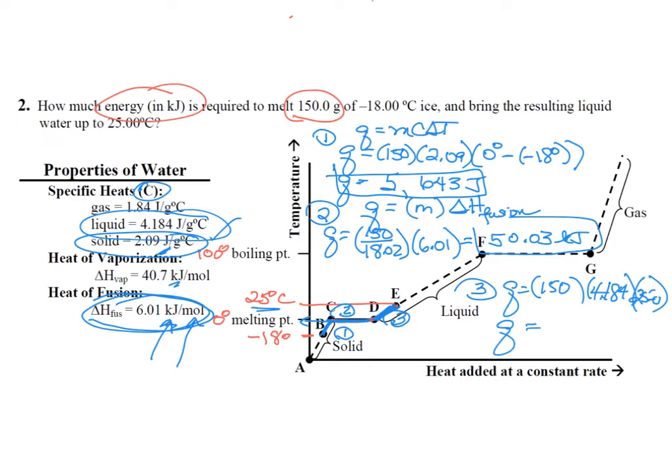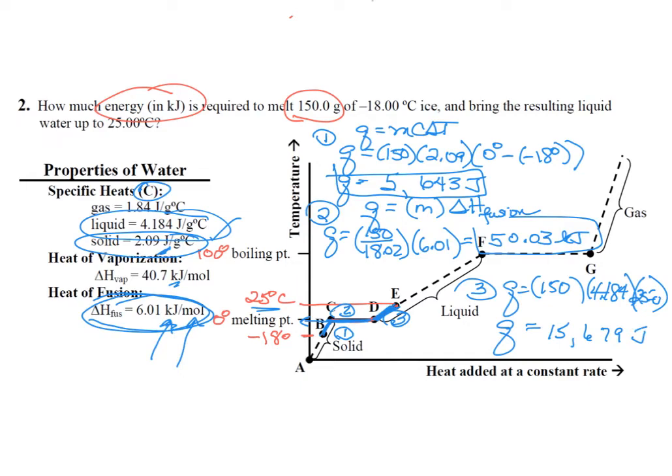Plugging those values into the calculator, 150 times 4.184 times 25, and that is 15,679 joules.